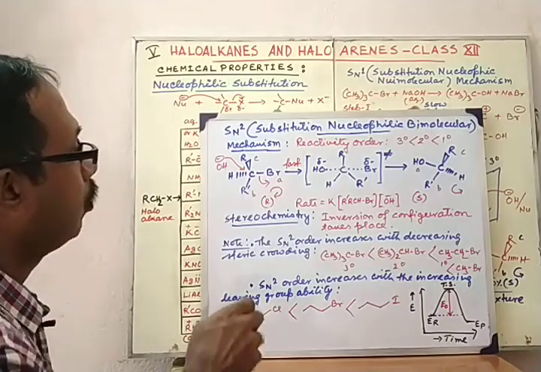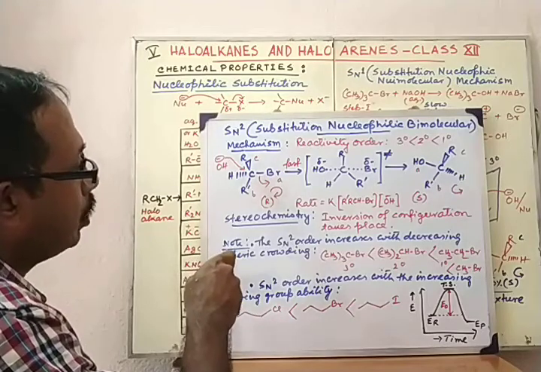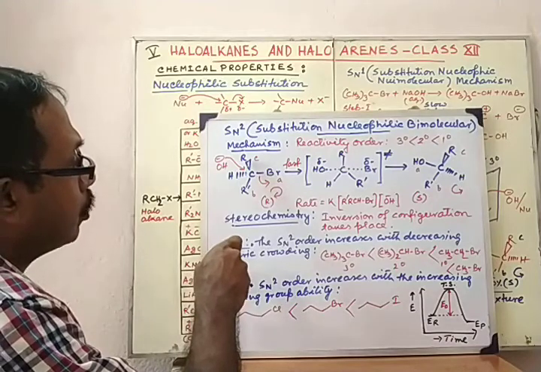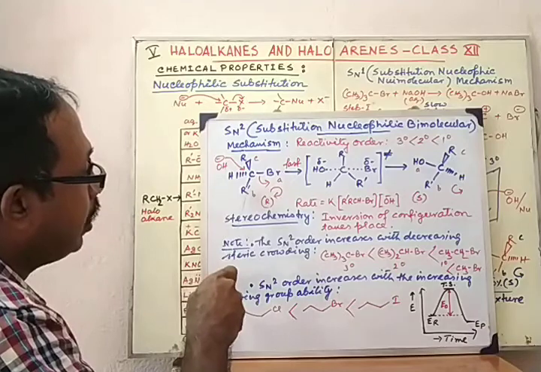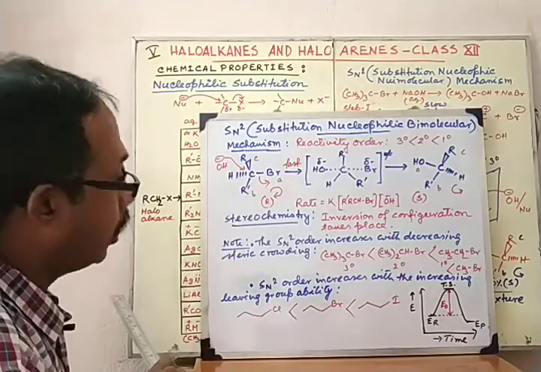Now here you can follow that in this reaction, at this carbon atom where the nucleophile is going to attack, if there is a small group in these bonds, then there will be lesser steric hindrance and the nucleophile can attack this active center easily.